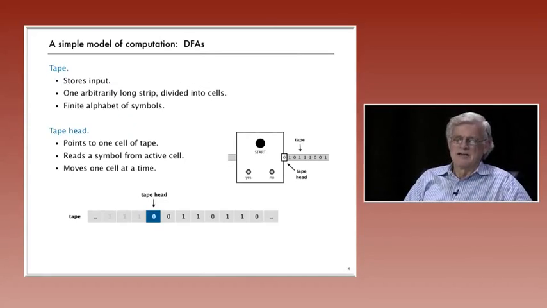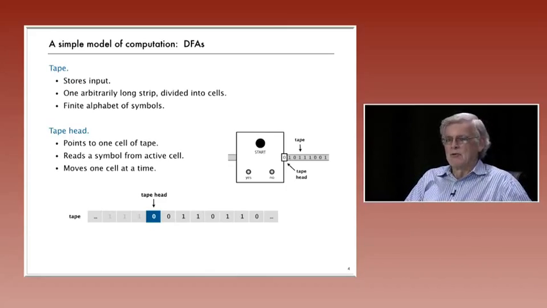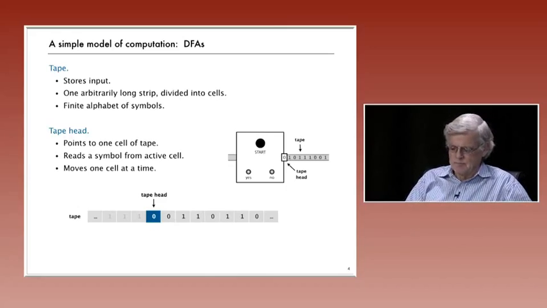Now, to take a look at what these mathematicians were thinking about in the middle of the 20th century, recall the simple model of computation that we looked at when we were working with the Knuth-Morris-Pratt algorithm. We imagined an abstract machine called a deterministic finite automaton, or FSA, finite state automaton, that is a very simple machine with a tape that has the input.